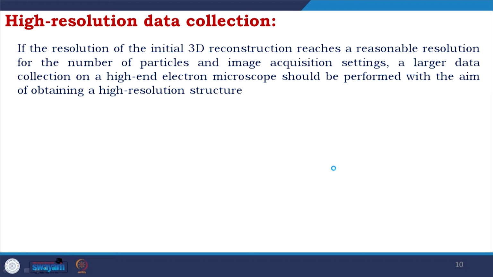So, again the thing we are repeatedly talking about: for the initial data collection, when you are not sure, you do it with a low resolution microscope, take a minimum amount, then evaluate, and when you reach the idea that you have a good sample, then go for the high end microscope, then go for collection of a larger data set.